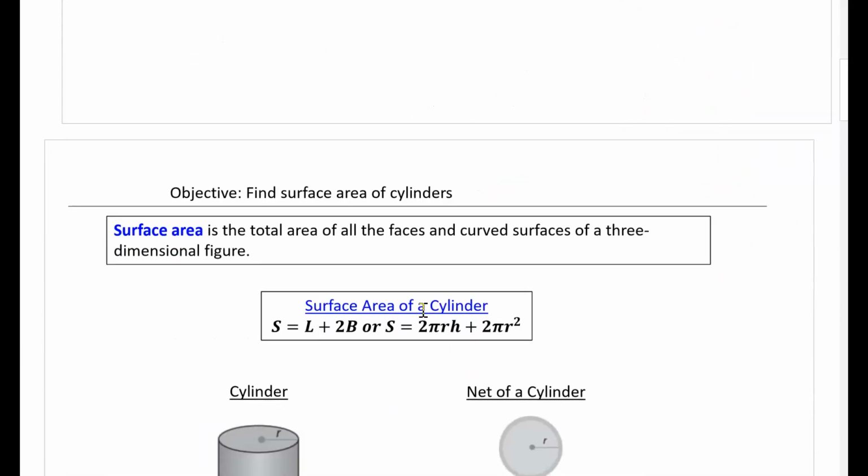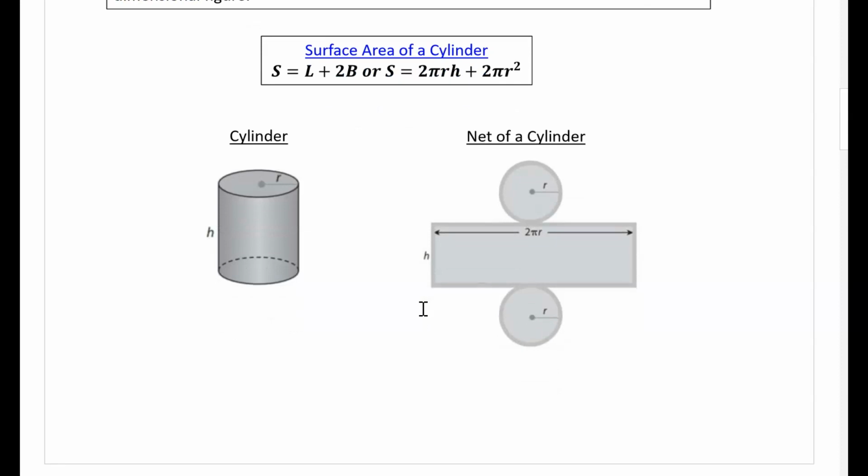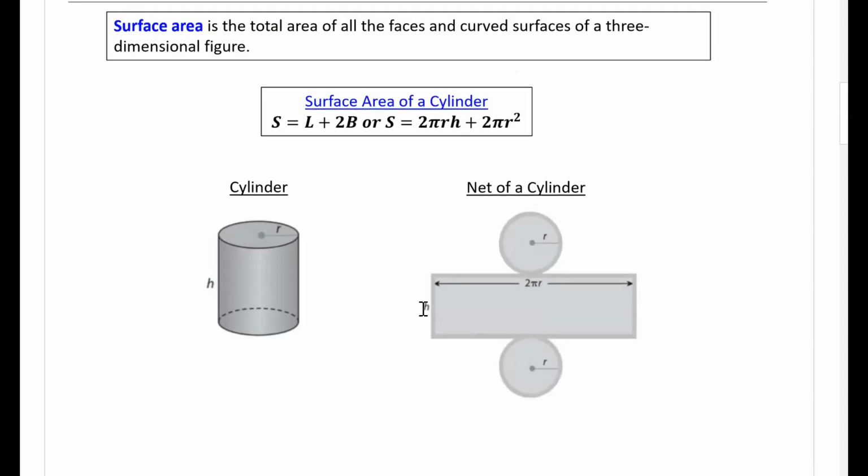Okay. So for concept today, remember surface area is the total area of all the faces and curved surfaces of a three-dimensional figure, okay? So basically we are looking at the total area of the faces and any curved faces of a three-dimensional figure. And then we have this formula here for surface area of a cylinder.